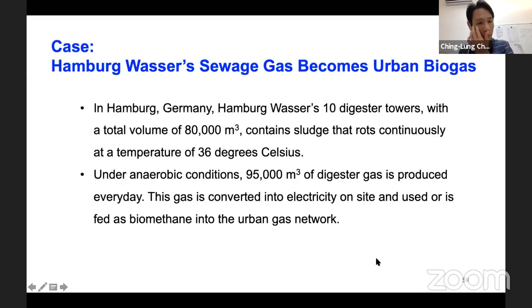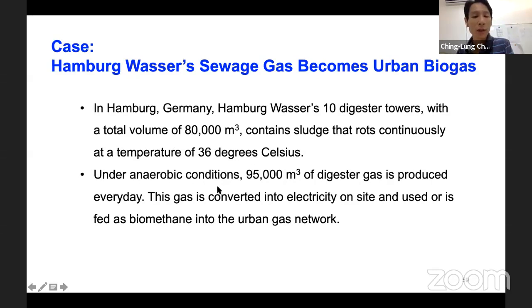Okay, and then this is the case in Germany. They try to collect the biogas. So in Germany, this city has 10 digester towers, which have a total volume of 80,000 cubic meters. They contain sludge continuously at a temperature of 36 degrees Celsius.